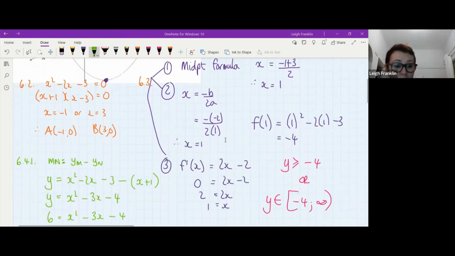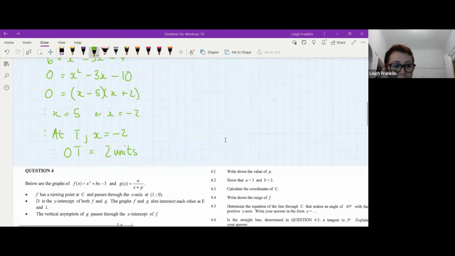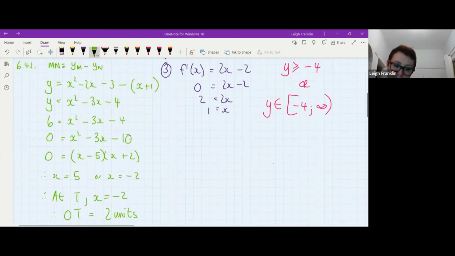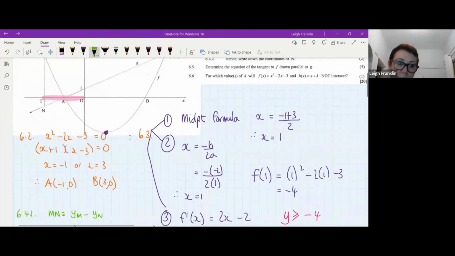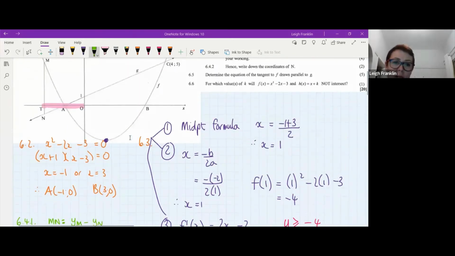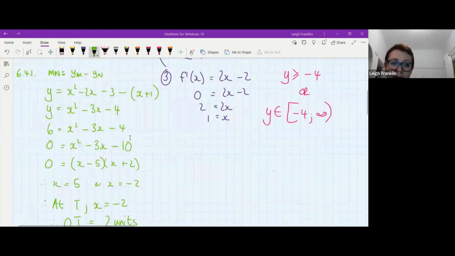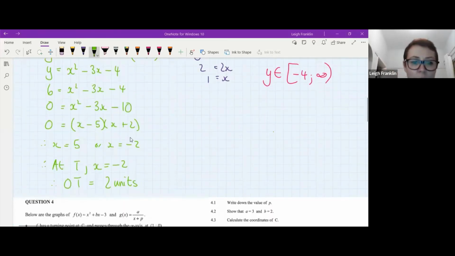Lovely. So in other words, at M and T and N, x has to be equal to -2. N is a point on G, on the straight line. So what that means is that we now have to take this answer over here and sub that.